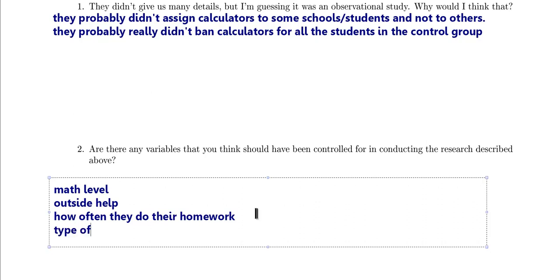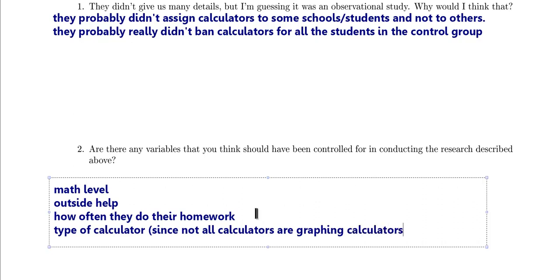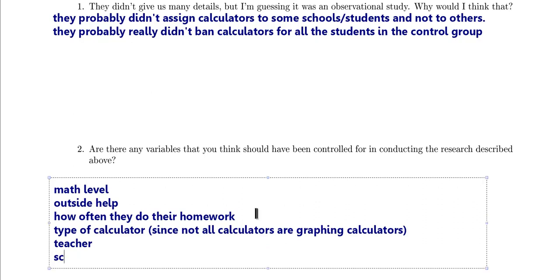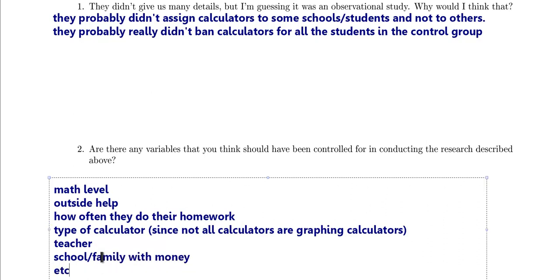Or maybe what type of calculator, since not all calculators are graphing calculators, but the people that are doing this advertisement are trying to sell graphing calculators. Another variable might be their teacher, if they have a good or bad teacher, and maybe if they come from a school or a family with money, etc.